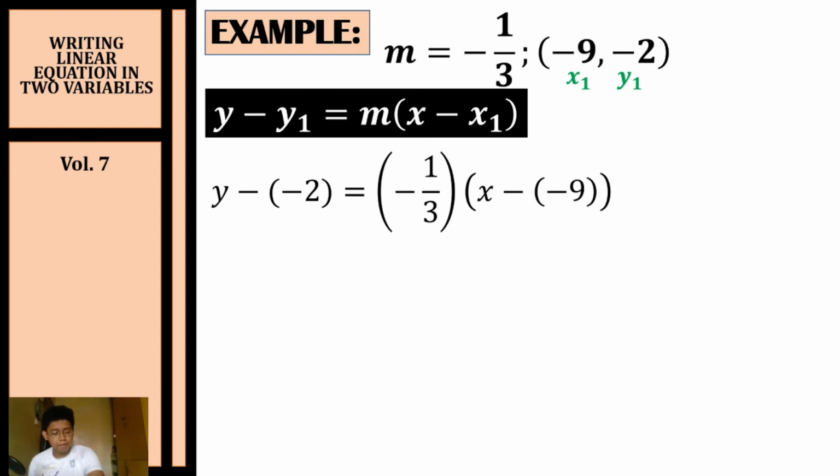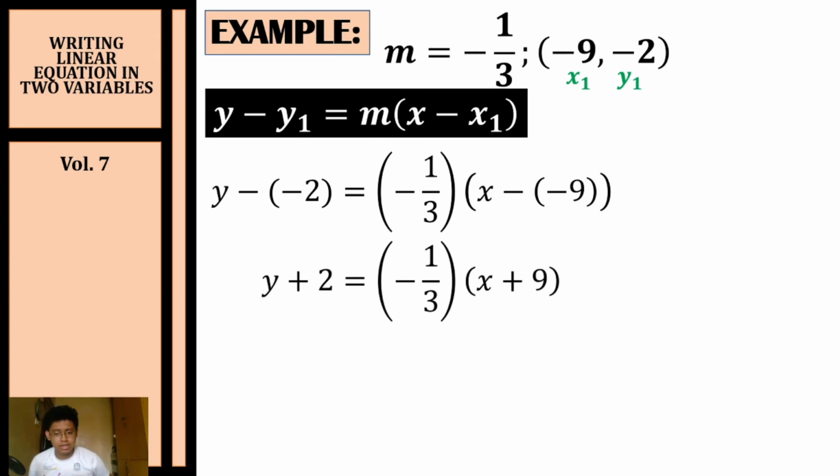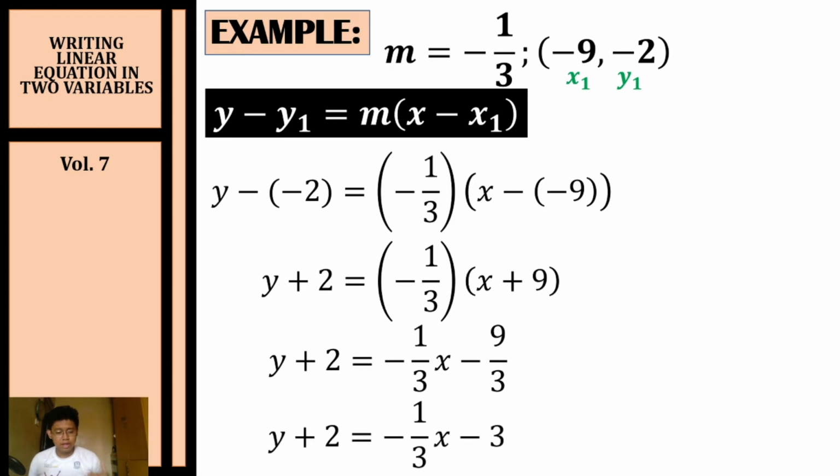Now simplifying this, removing the parenthesis, we have y plus 2 is equal to negative 1/3 times the quantity of x plus 9. Now, distribute negative 1/3 to our group. We will have y plus 2 is equal to negative 1/3 x minus 9 over 3. Now, simplifying, we will have y plus 2 is equal to negative 1/3 x minus 3.